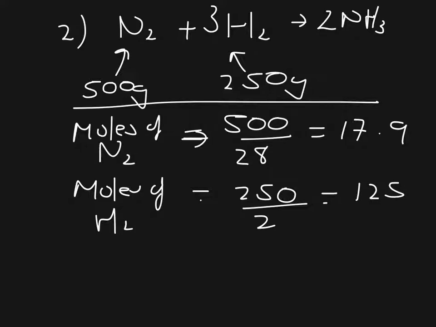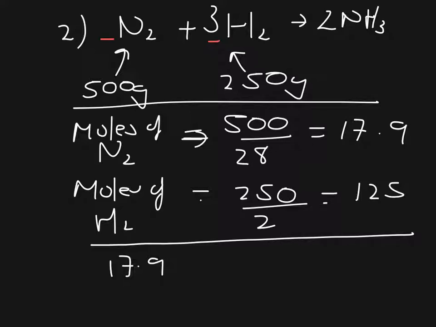So to work out which one is going to be in excess, we have to look at the molar ratio. So I've got 17.9 moles of nitrogen. If we look at the molar ratio here, it is a 1:3 ratio. So I would need 17.9 times 3 moles of hydrogen to react with all of that nitrogen, which comes to 53.7 moles.